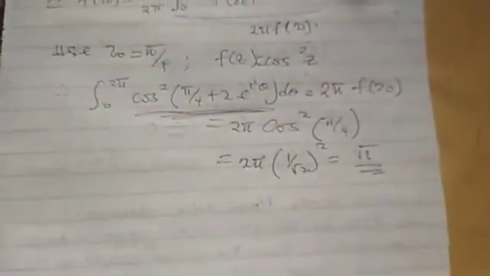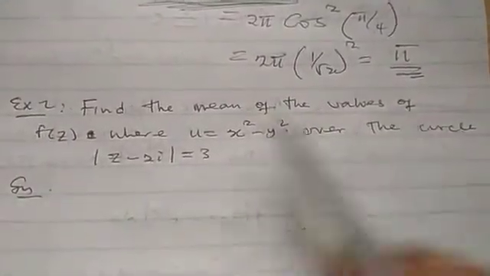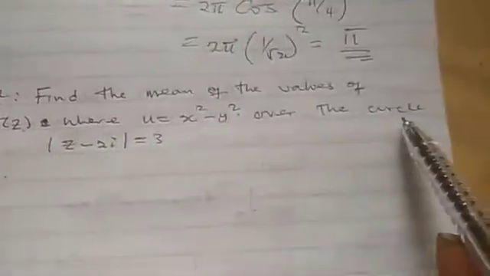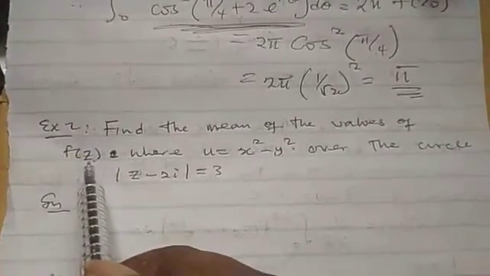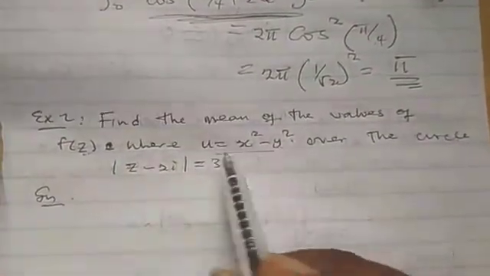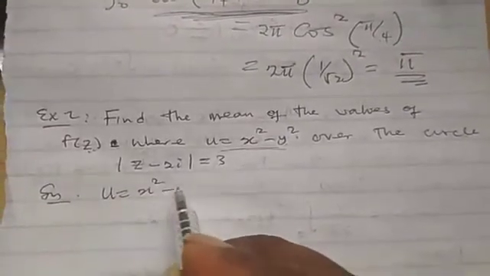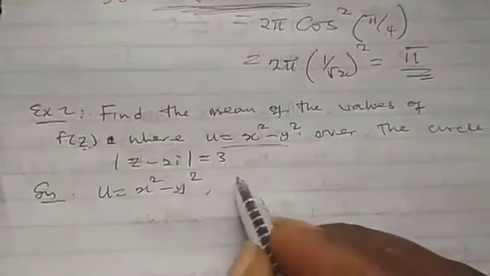Let's take another example, example 2. We want to find the mean of the values of f of z over this circle, where u is given. We need to first know what our f of z is. We have only known the u, so in this case we need to apply the Cauchy-Riemann equations.